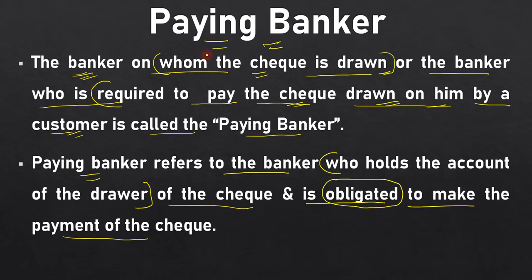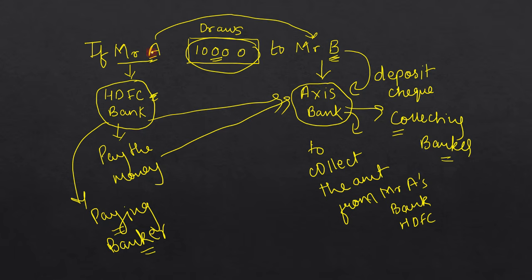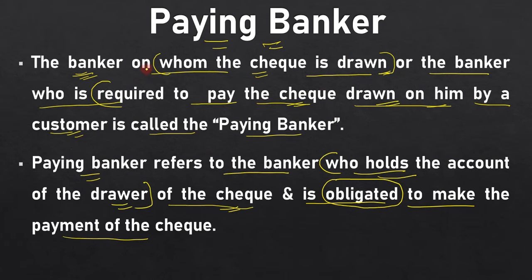That's why paying banker refers to the banker who holds the account of the drawer of the check. In this example, Mr. A draws the check to Mr. B. That is why Mr. A is the drawer. So paying banker, that is HDFC Bank, is the one who holds the account of the drawer, and is obligated.